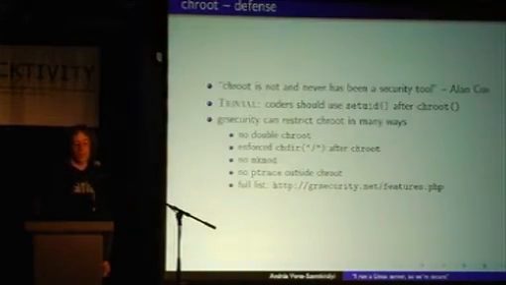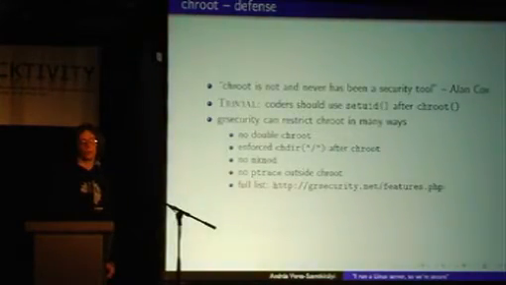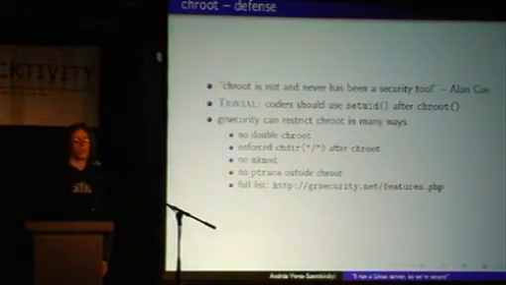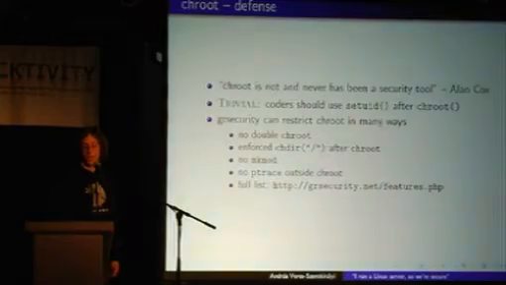It's totally unclear why this was not implemented earlier on. It does not allow mknod, no ptrace outside chroot, etc. So this closes out all currently known methods for exiting chroot.